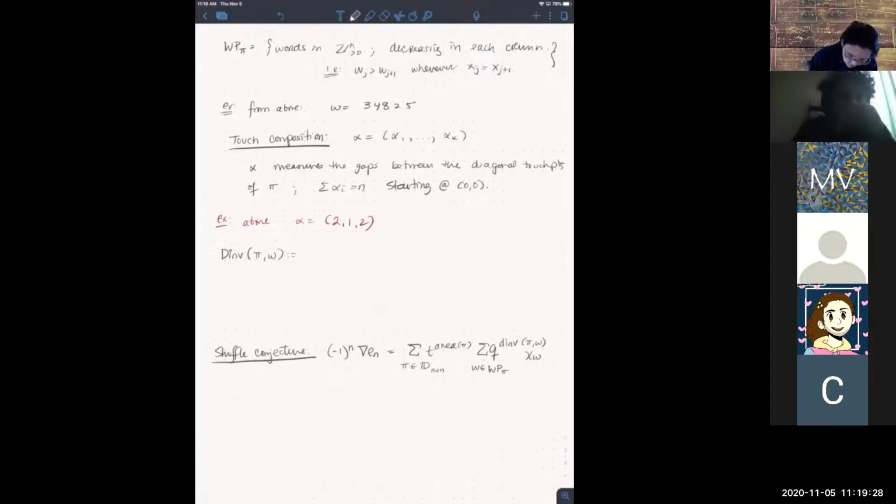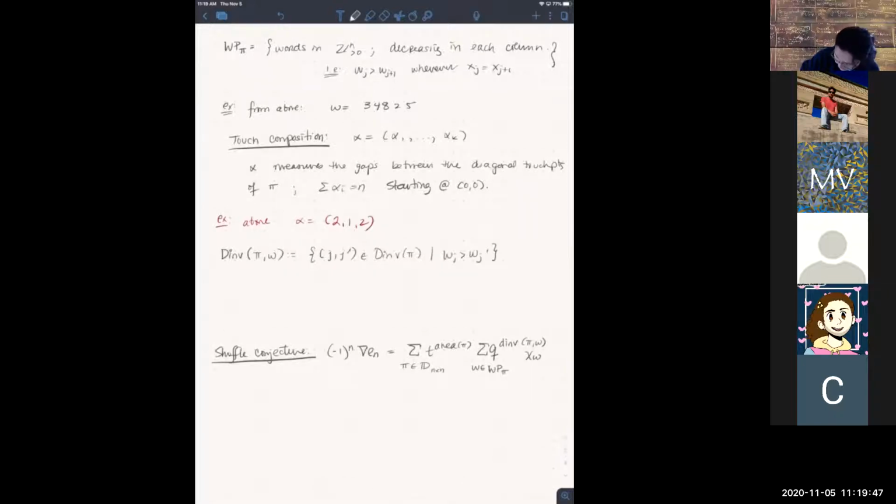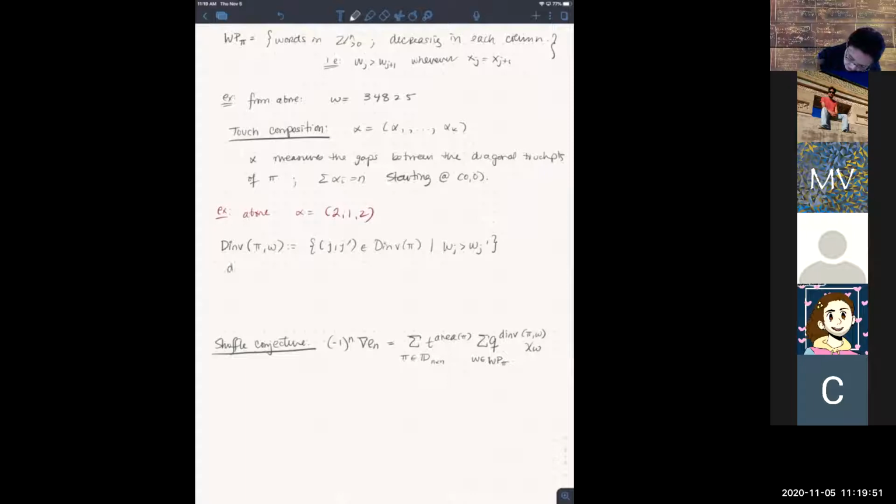So it's the set of all cells, right? j, j prime in the set dinv pi. So you're keeping that same set such that w_j is bigger than w_j prime. And then I'll compare it to the example in a second. And then of course, little dinv of pi w is going to be the cardinality of this set.